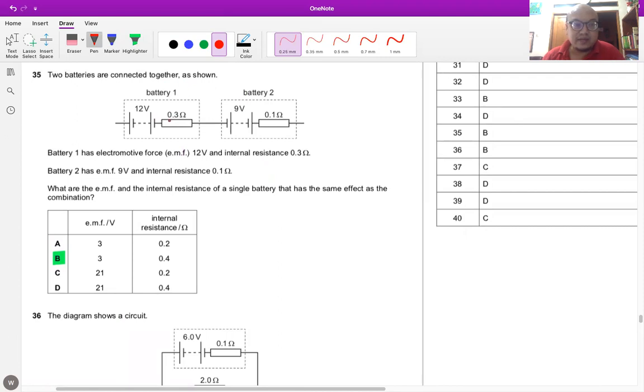Battery 1 has EMF 12 volt and internal resistance 0.3 ohm, and battery 2 has EMF 9 volt and internal resistance 0.1 ohm. What are the EMF and internal resistance of a single battery that has the same effect as the combination?